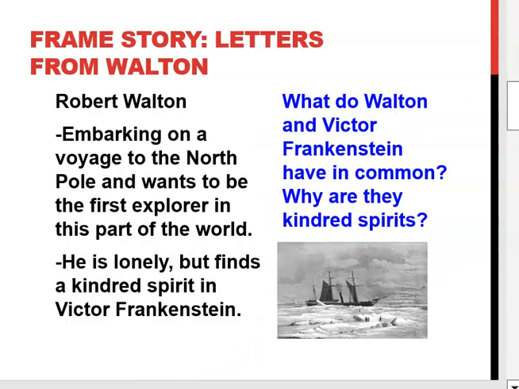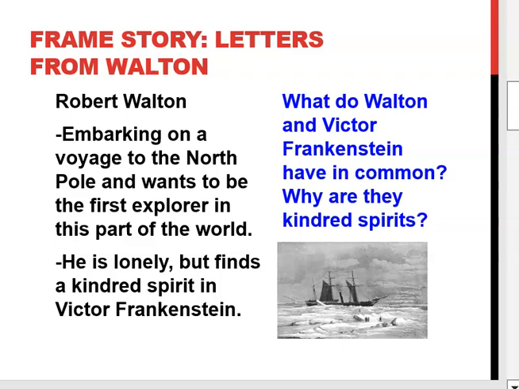So let's start with the frame story, which begins as letter number 1. And you'll notice it says letter number 1 to Mrs. Saville, England. And it's written, we'll learn, from Robert Walton's point of view. So this is a letter written to his sister where he's describing his journey and what he's planning on doing.